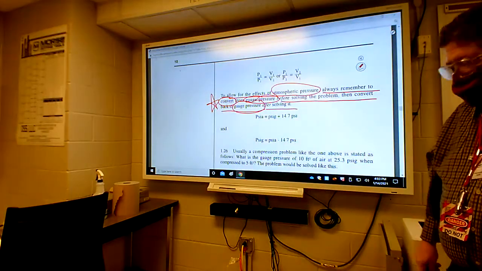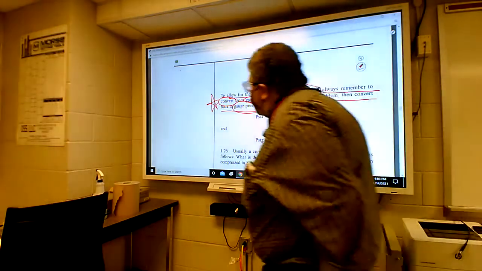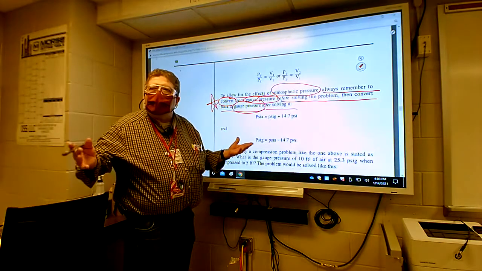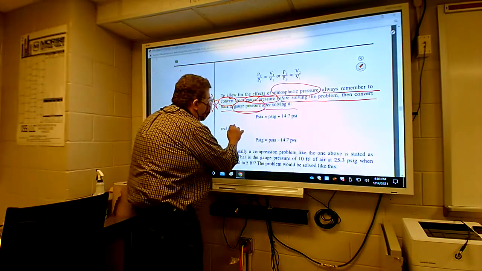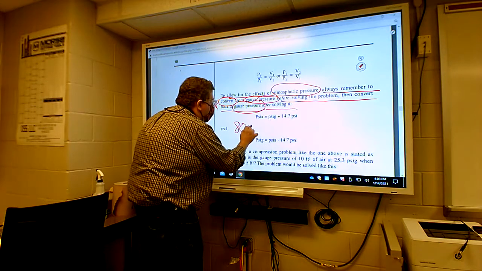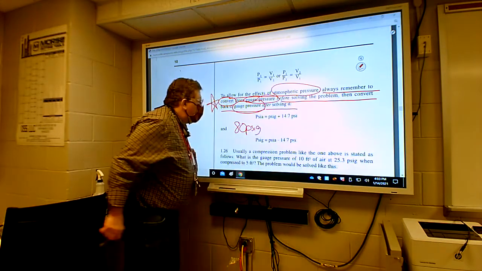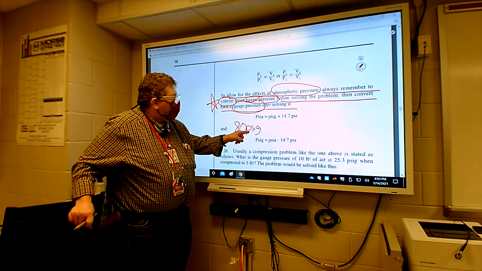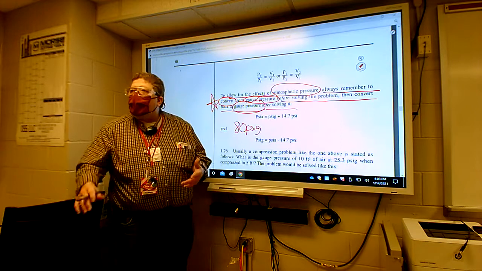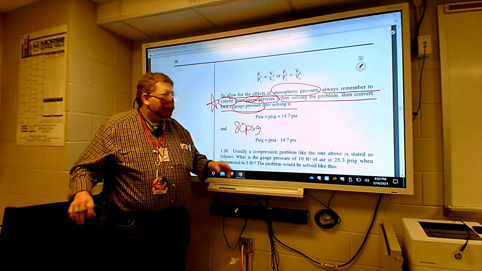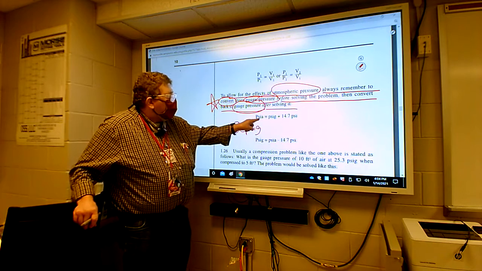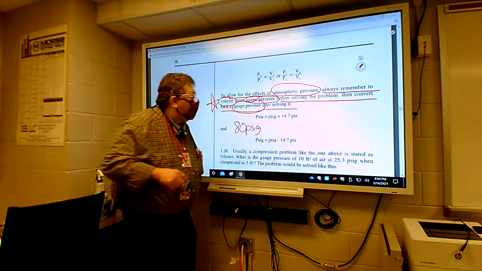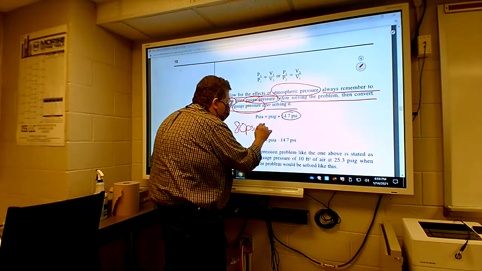What do we mean by that? If you have a problem and it involves some pressure, like say 80 psi G, gauge pressure, they'll give you some number in gauge pressure, and then they're going to give you some scenario. You're going to do a calculation. Well, before you do the calculation, you've got to convert the gauge pressure to absolute pressure by adding 14.7 to it.